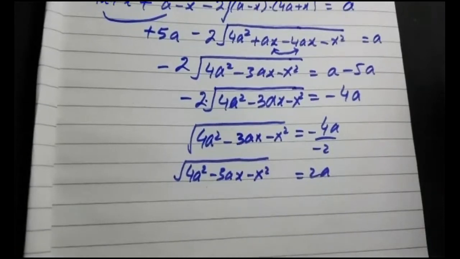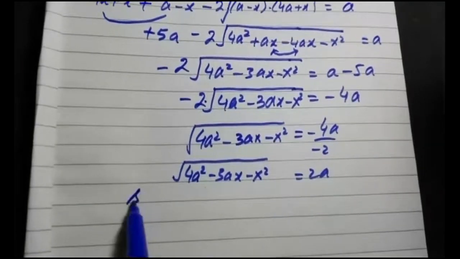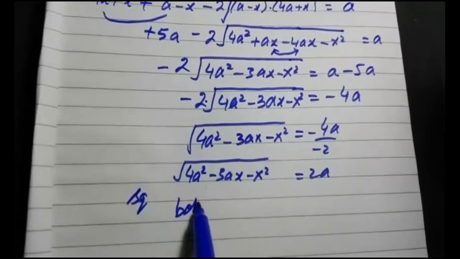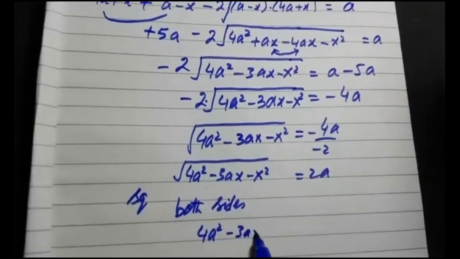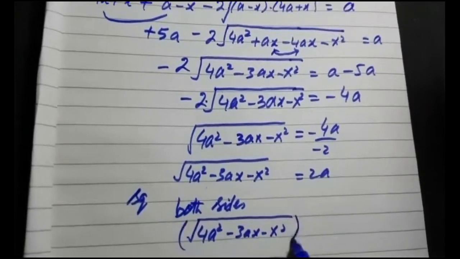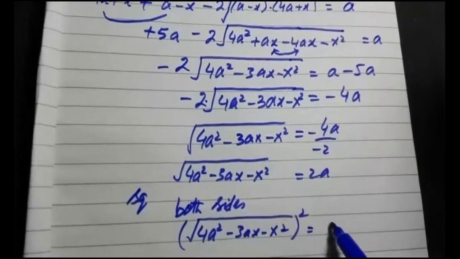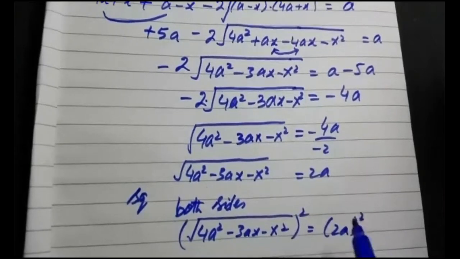So how can we get rid of this term? Squaring both sides, we make the whole square of 4a square minus 3ax minus x square, and the right side will be 2a whole square.